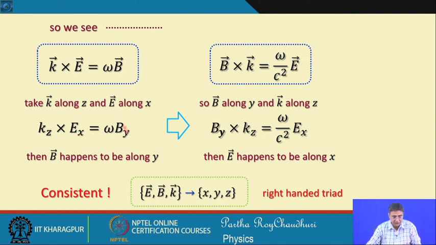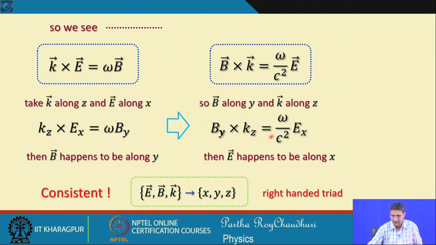And if I assume that B happens to be along y axis and K is along z axis, which I have already considered, then B y cross K z equal to omega by c square E x, that means y z x.